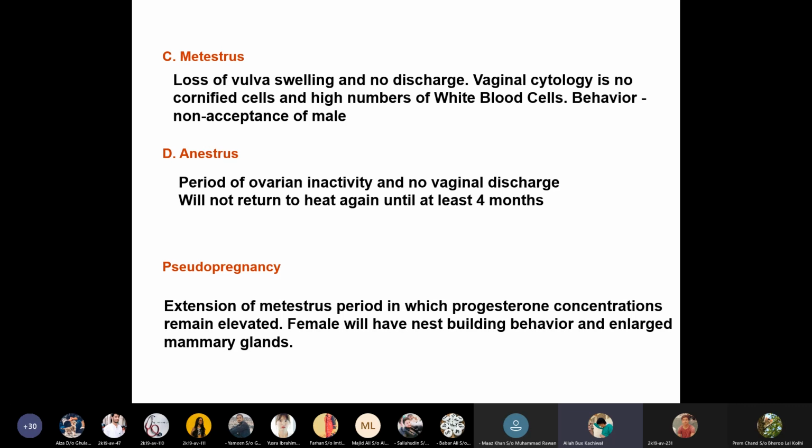Anestrus is a period of ovarian inactivity with no vaginal discharge, and she will not return to heat again for at least 4 months. Pseudo-pregnancy is an extension of the metestrus period in which the progesterone concentration remains elevated; the female will show nest-building behavior and enlarged mammary glands.